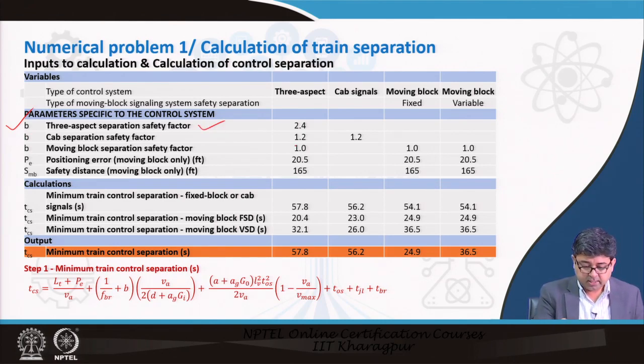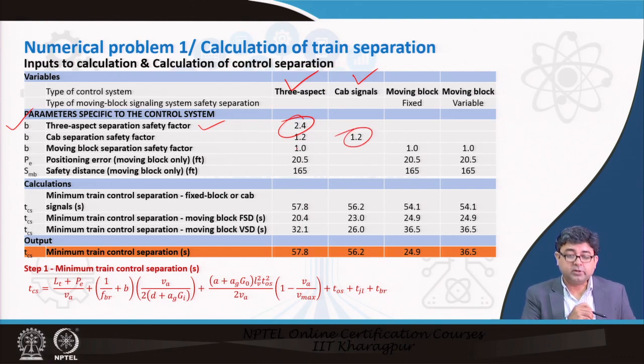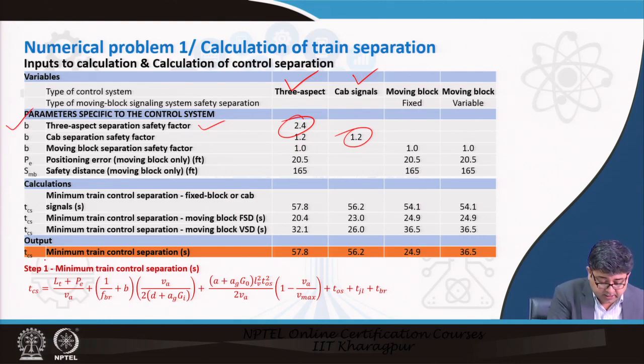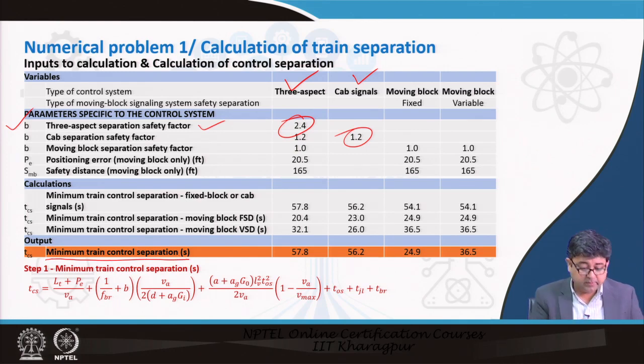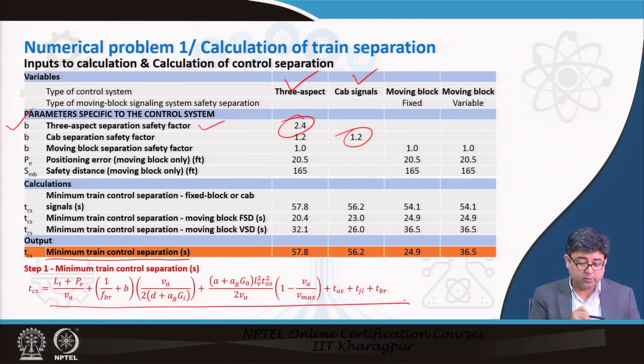Safety factors for this type of control system, the value is this much, whereas for a cab signal type the value is this much. So, you need to know which one to pick based on what type of system you are developing, and finally, the minimum train control separation is what you are trying to find out, and it is given by this empirical formula.